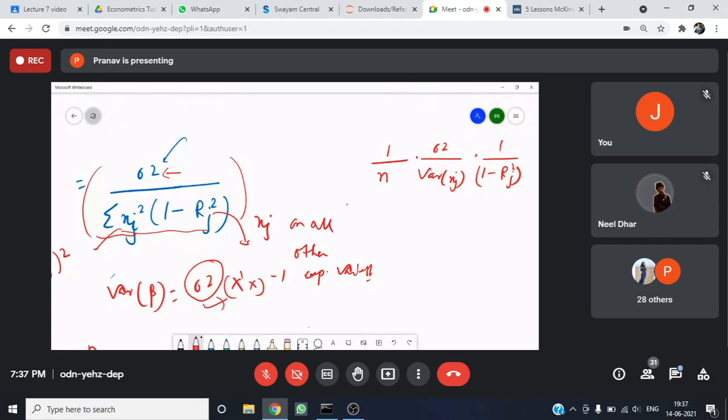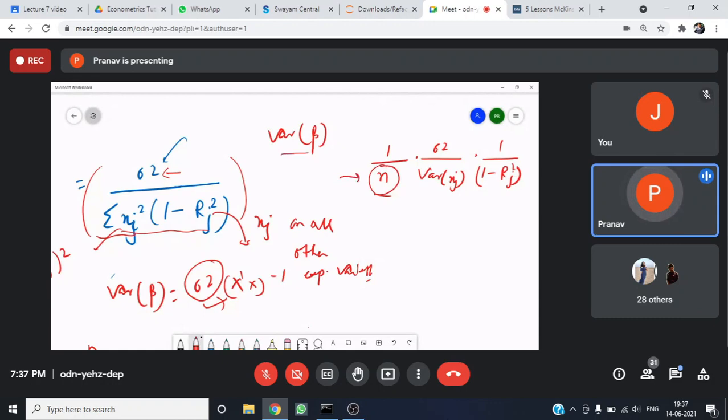ठीक है? So ultimately variance of the OLS estimators depend on these four parameters. First is your n, which is your number of observations. Large number of observations will lead to lesser and lesser variance, which is good for the estimation.